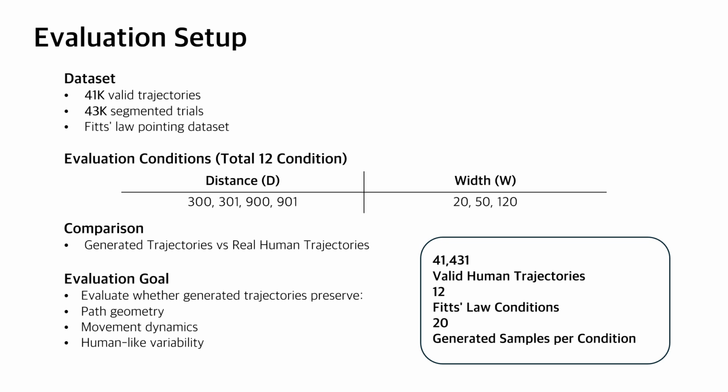For evaluation, we use the original Fitts' law task conditions from the dataset, the movement distance and target width, a total of 12 evaluation conditions. For each condition, we generated trajectories using different temperatures. So we generated 20 samples for each condition-temperature pair. Finally, the generated trajectories were compared against real human trajectories using geometric and dynamic movement metrics.